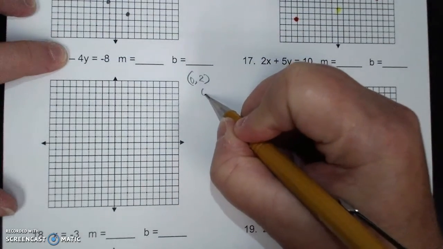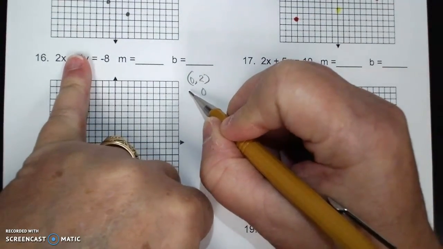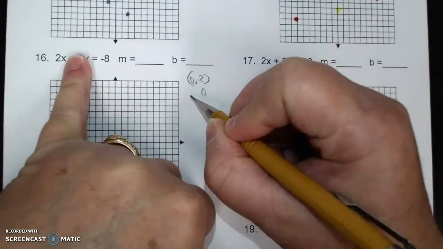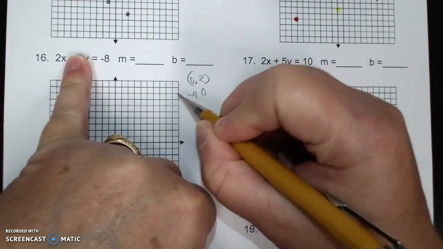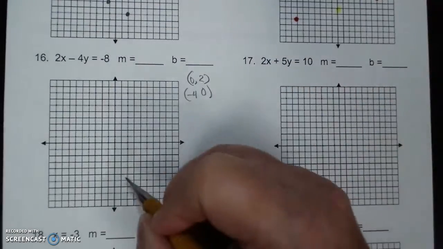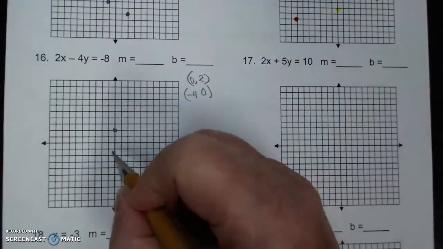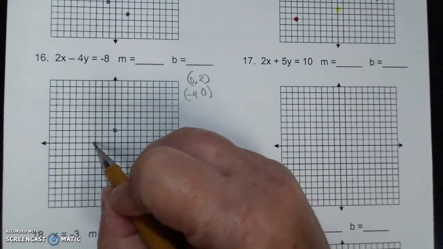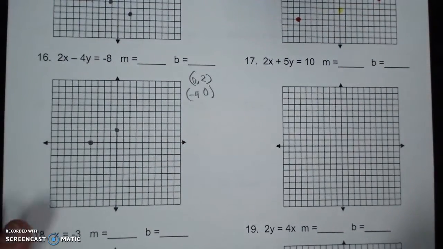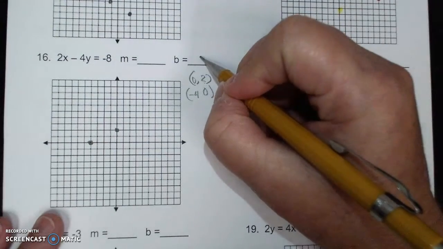I also make my y a 0, and so that is negative 4, because 2x equals negative 8. I now have 2 points. I have a point at 0, 2, and I have a point at negative 4, 0. Okay. My b is always in the format of 0, comma, and number, so my b is 0, 2.